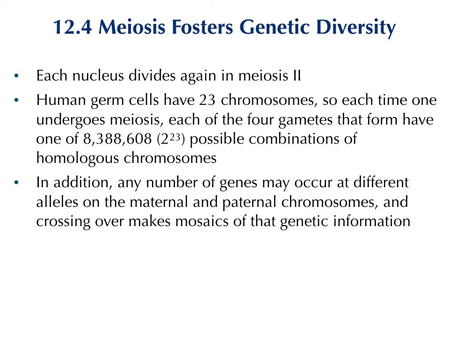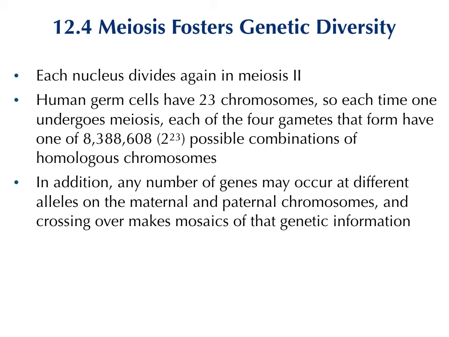Human germ cells have 23 chromosomes, so each time one undergoes meiosis, each of the 4 gametes that form have one of 8,388,608, or 2 raised to the 23, possible combinations of homologous chromosomes. A huge number for genetic diversity. This is why none of us end up being the same.